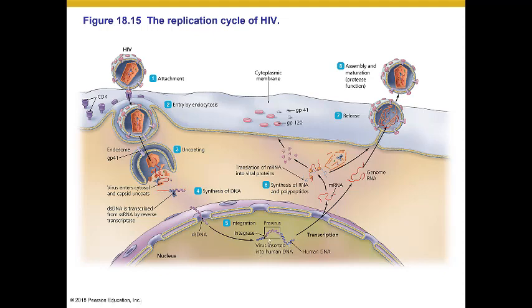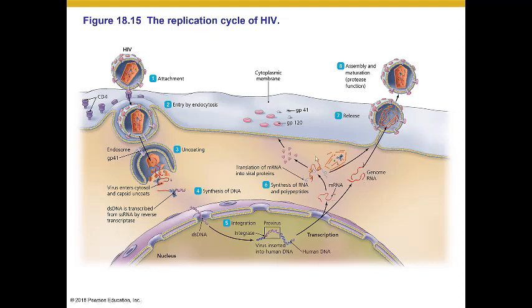All right, so when it's in your DNA, then every time this cell needs to do transcription of something else, it's going to transcribe this piece of DNA and make more RNA from the virus, particularly messenger RNA, which is positive, so we know that that's going to be the actual genome of the virus.